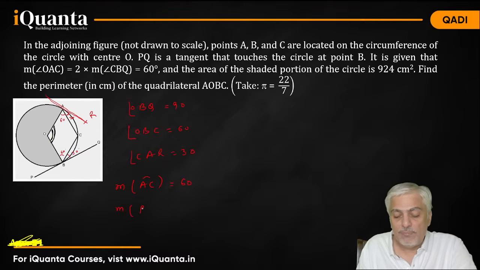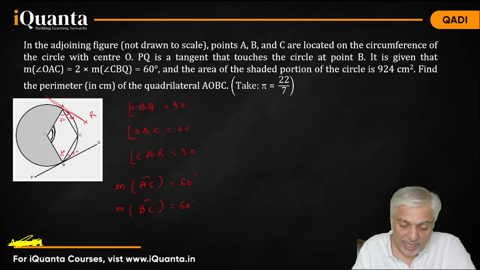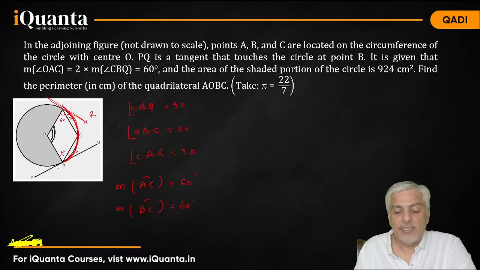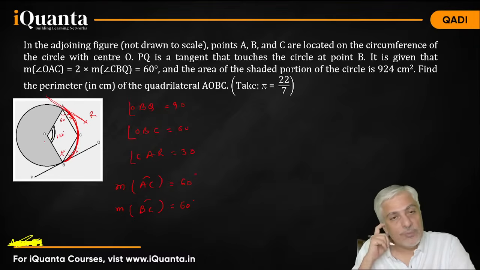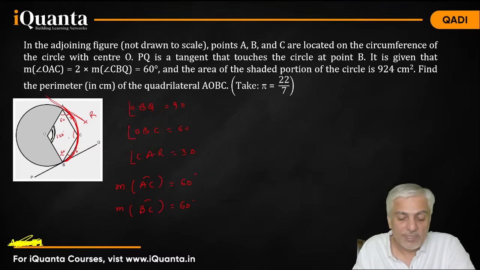So this full arc becomes 120. Therefore, by the central angle theorem, this angle also becomes 120. 60 plus 60 is 120, 120 plus 120 is 240, and this will become 120.